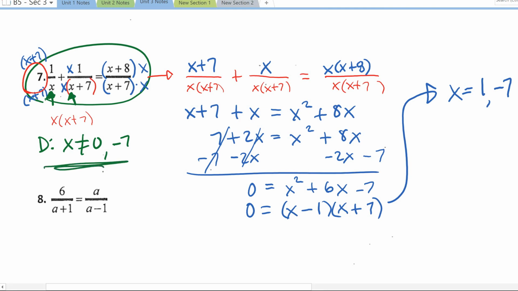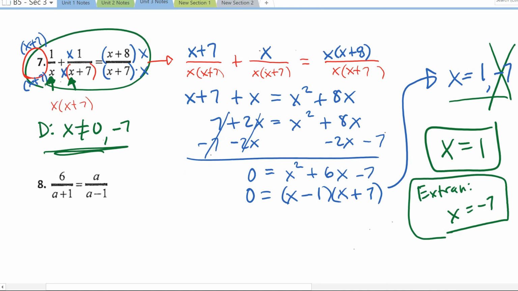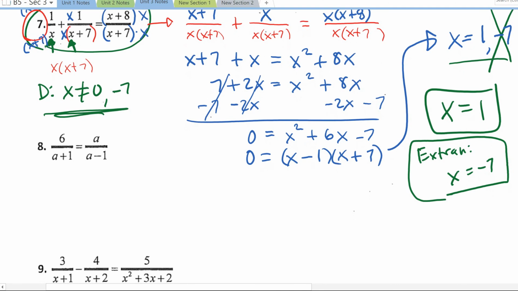So check your domain with your answers. And we just found out that x cannot be negative 7, so our final answer is just x equals 1. And the extraneous answer would have been x is negative 7. Okay, so there's an example of an extraneous solution.